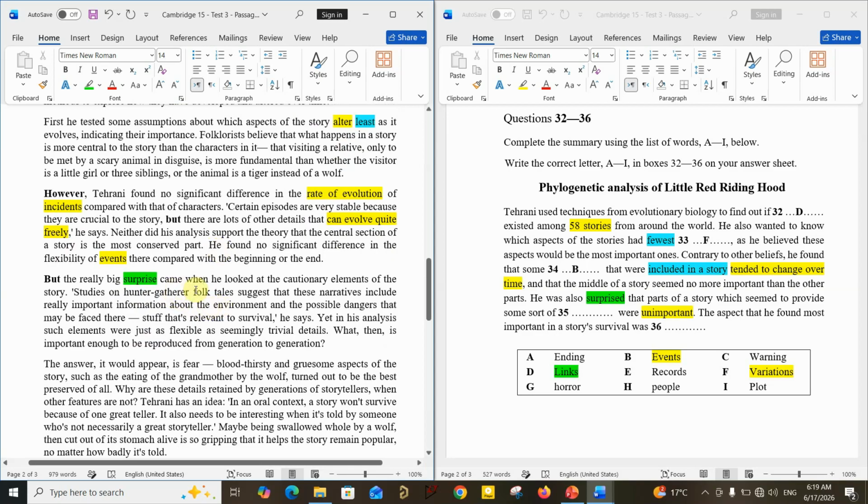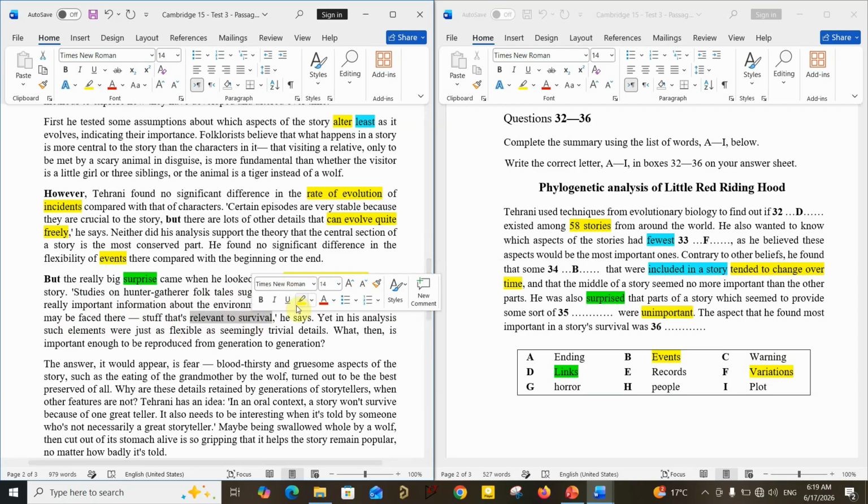So, came when he looked at the cautionary elements of the story. Studies on hunter-gatherer folktales suggest that these narratives include really important information about the environment and the possible dangers that may be faced there, stuff that's relevant to survival, he says.